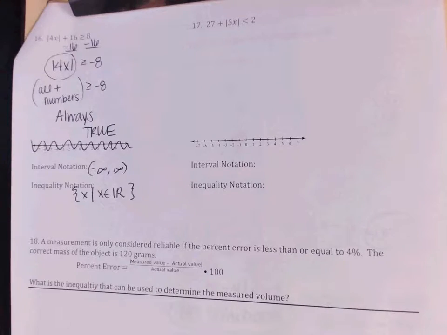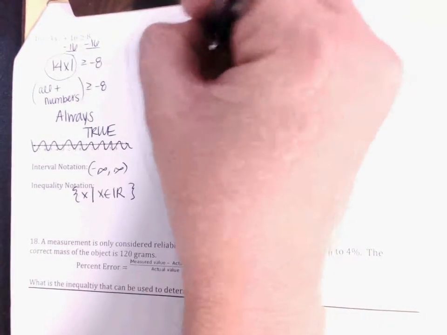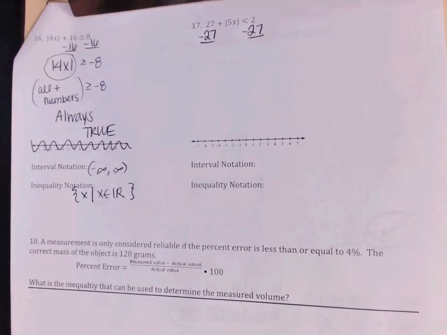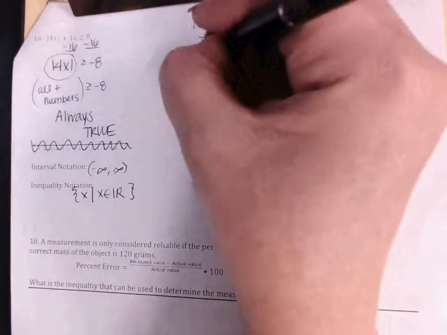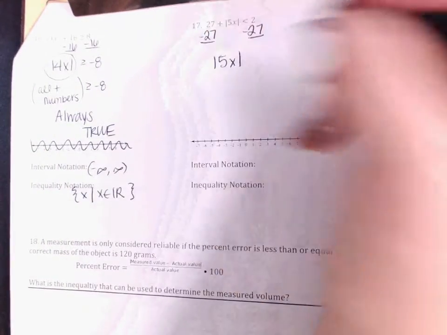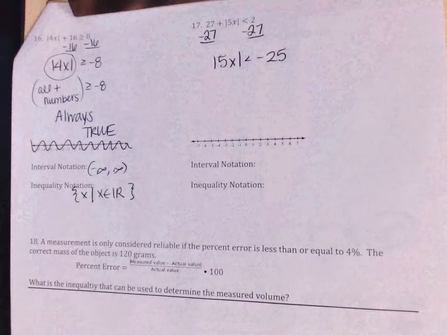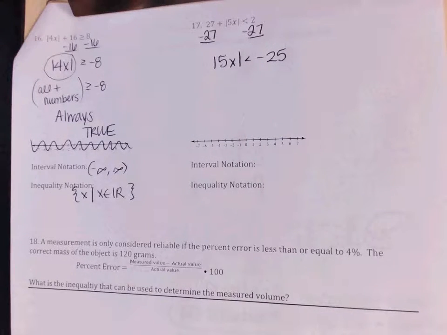Okay, what would I have to do first on 17? I have a plus 27, so I have to minus the 27. What is 2 minus 27? Negative 25. Okay, now think about what we just thought about a second ago. Absolute value, all the numbers are going to come out to be what?